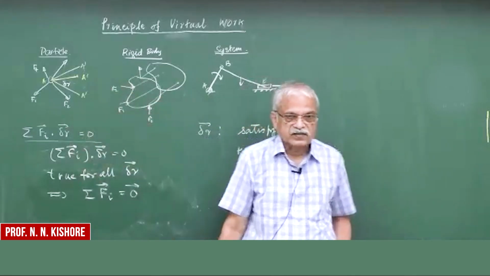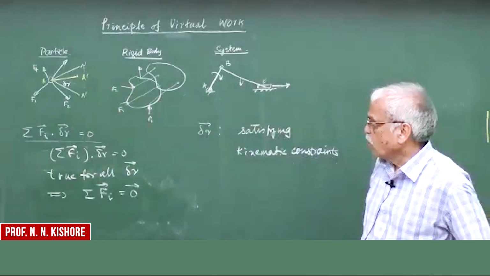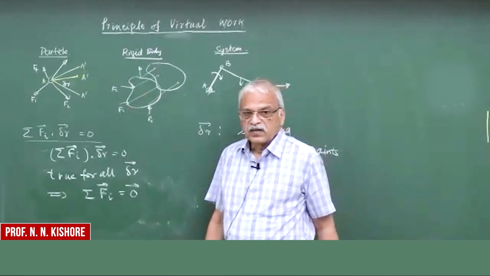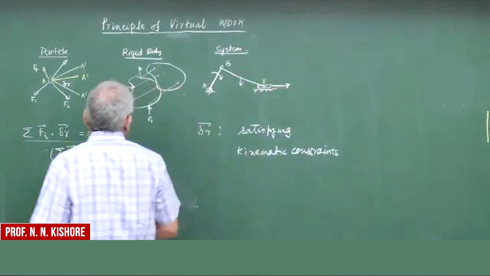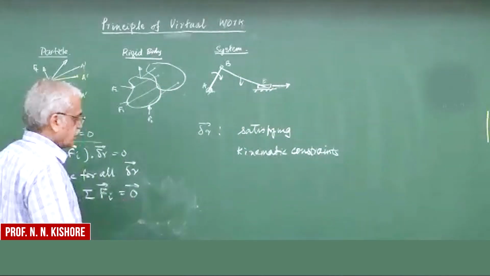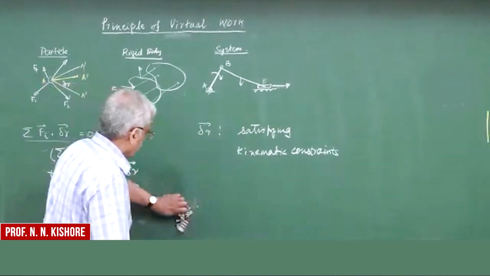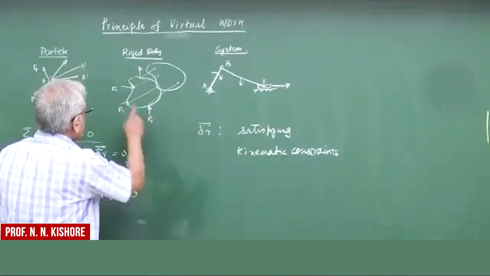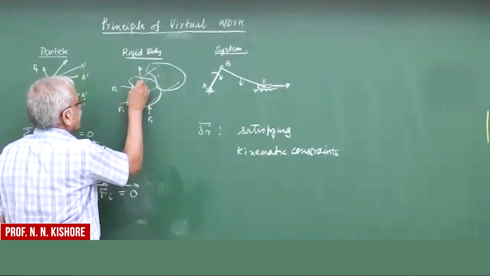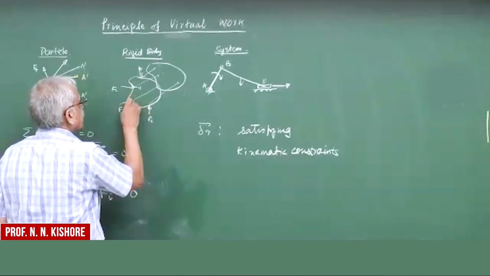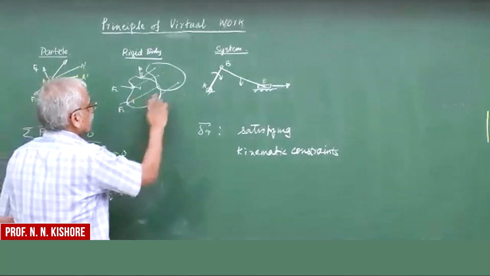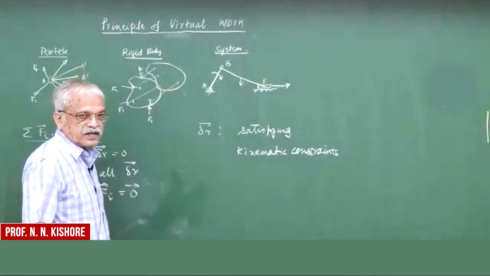The same thing is true with one isolated rigid body. So if you have one isolated rigid body, then what we do here is similar to this one. Sigma fi. If this has to move, the points have to move by a certain displacement, and you can see that they all have a displacement.